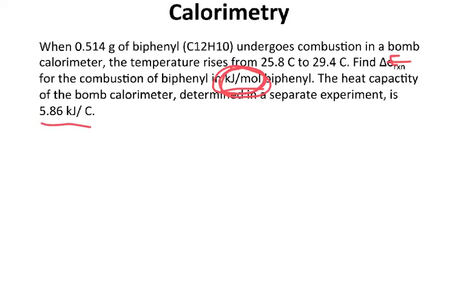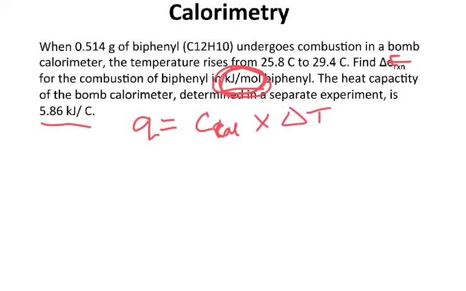We know that bomb calorimetry is under constant volume, so the heat of combustion is going to equal the heat capacity of the calorimeter times the change in temperature.